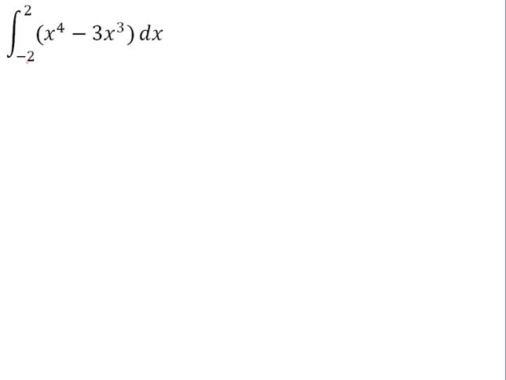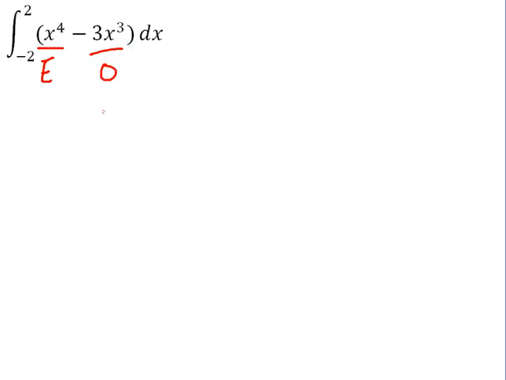We notice that we're integrating from negative 2 to 2. If we weren't integrating from negative 2 to 2, these properties wouldn't apply. But because we're going from negative a to a, we can ask, is this function even or odd? The function x to the fourth minus 3x cubed is neither even nor odd, but x to the fourth is even, and 3x cubed is odd.